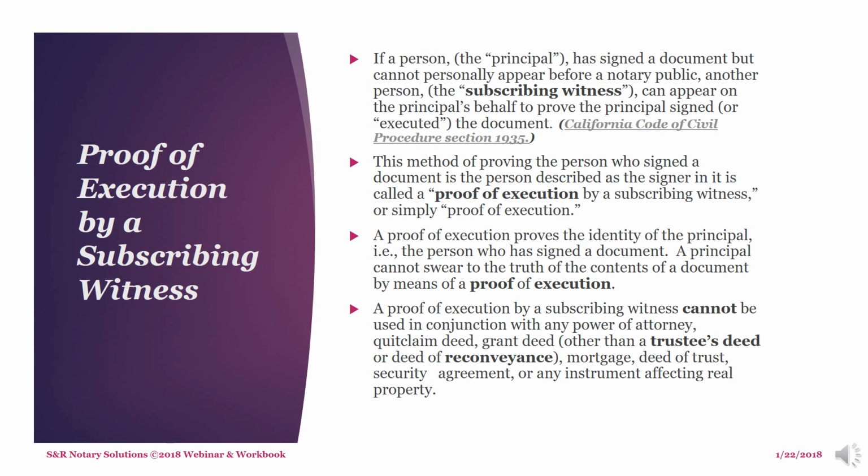This method of proving the person who signed a document is the person described as the signer in it is called a proof of execution by a subscribing witness, or simply proof of execution. A proof of execution proves the identity of the principal, the person who has signed the document. A principal cannot swear to the truth of the contents of a document by means of proof of execution.